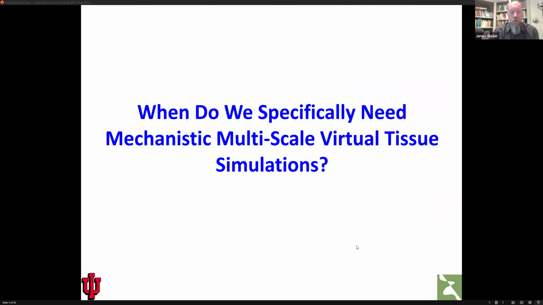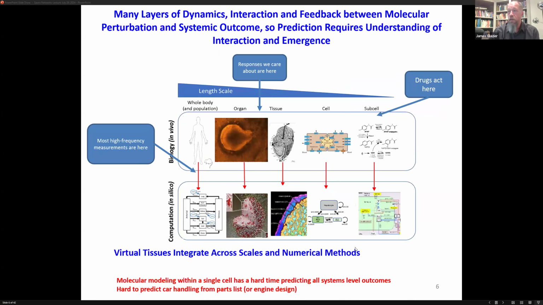So we need to do this at multiple scales because we have typically molecular control. For example, if we're doing medicine with drugs, we're typically having drugs that act at a molecular scale inside of individual cells.